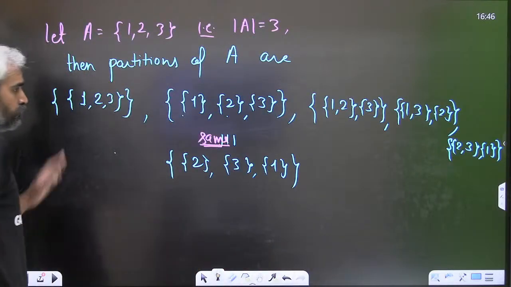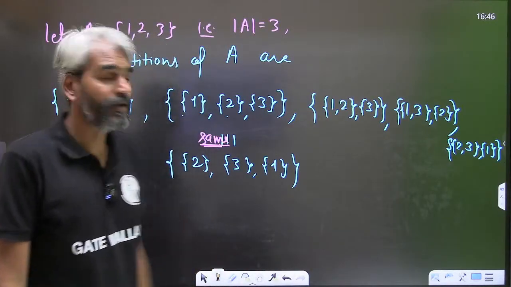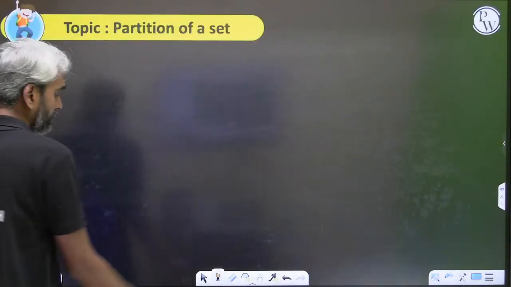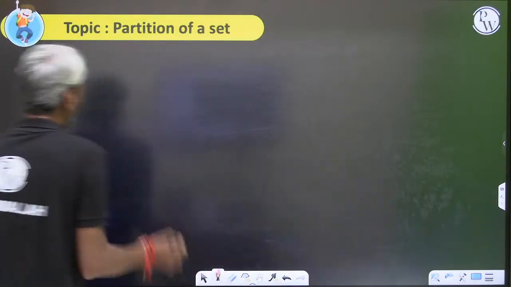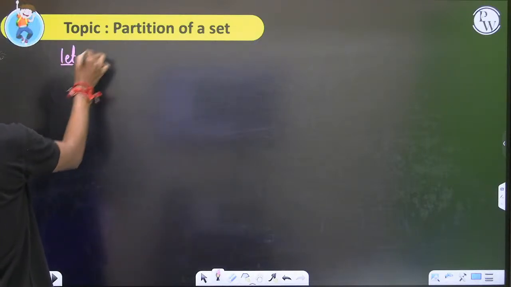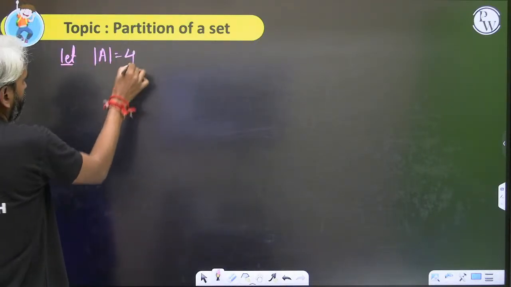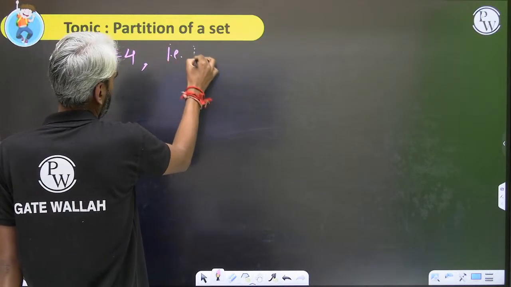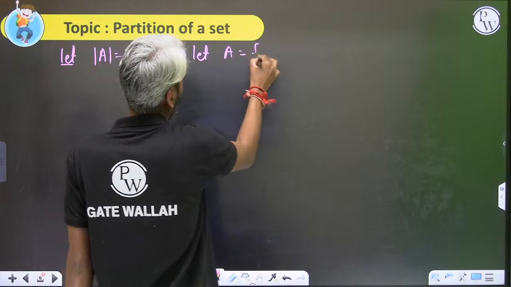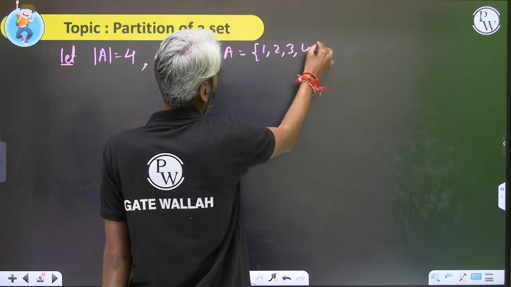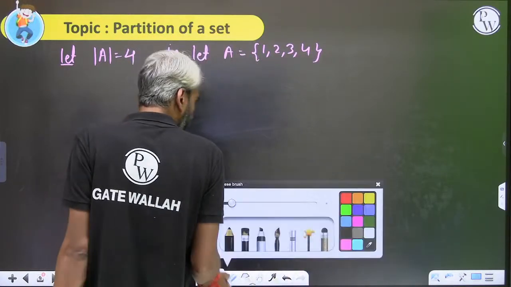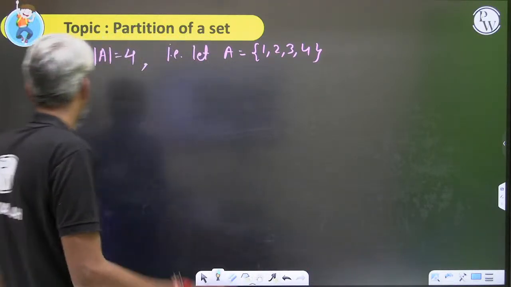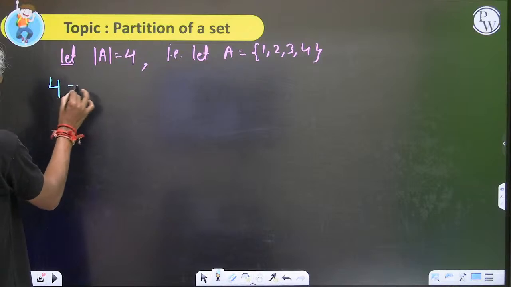Okay, so we have understood the concept of what should be done. Now let's try to understand how many partitions there are if mod A equals 4. Let mod A equal 4, that is, set A with 4 elements. Now, sir, how are we actually counting the number of partitions? Try to understand. There are different ways of writing 4.